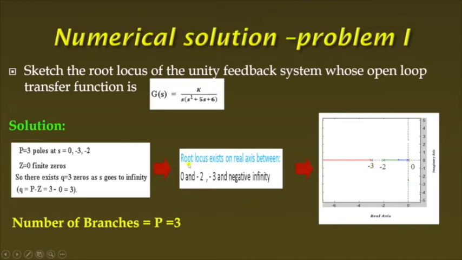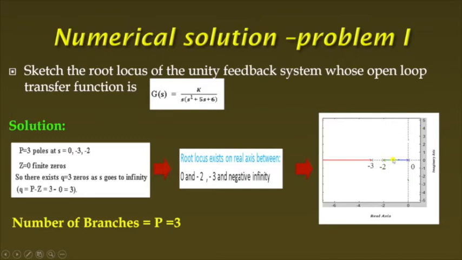Then find where the root locus exists on the real axis. If we consider any test point between 0 and minus 2, then on the right hand side of this test point, if the summation of all zeros and poles is odd, then root locus exists between this pole and zero.